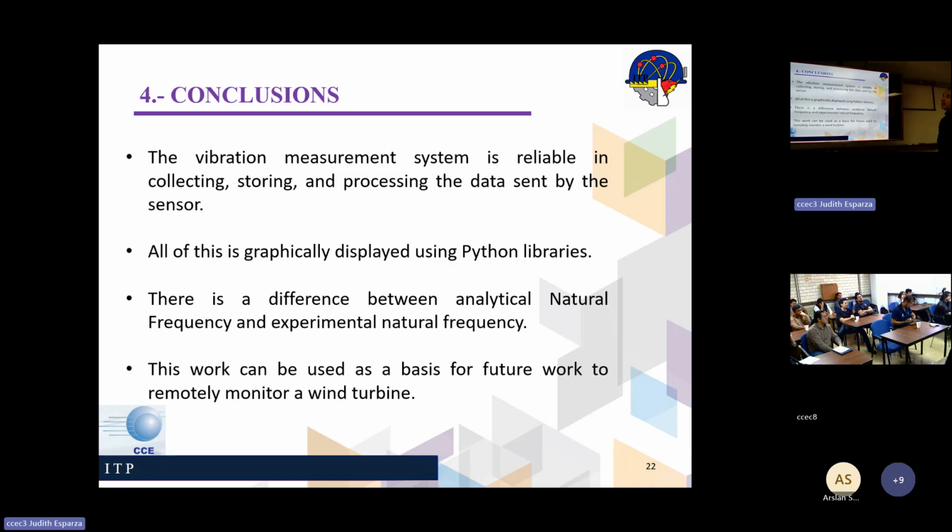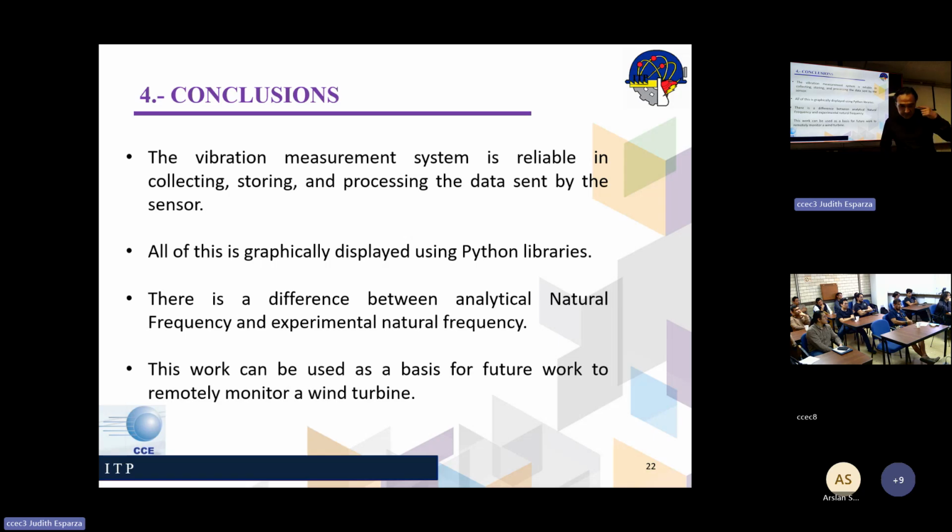And finally, as a conclusion, the vibration measurement system is reliable in collecting, storing, and processing the data sent by the sensor. And second, all of this is graphically displayed using Python libraries. There exists a difference between analytical and experimental natural frequency.